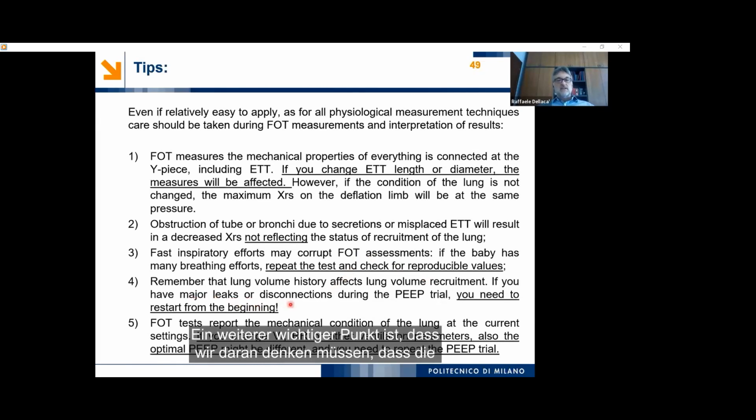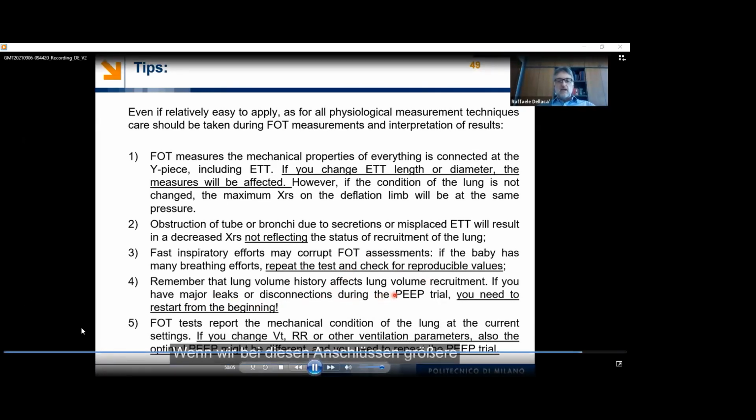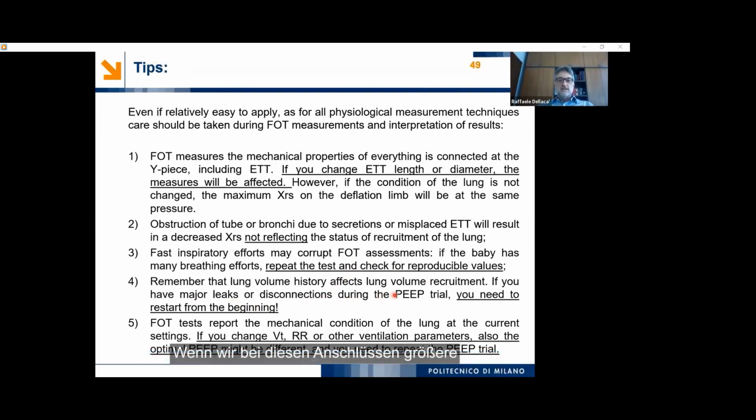Another important point is that we need to remember the lung volume history affects lung volume recruitment. This is actually what we discussed for the majority of this talk. If we have major leaks or disconnections during the trial, if the pressure that we apply to the baby is changed, even transiently reduced, we know that this might lead to derecruitment.